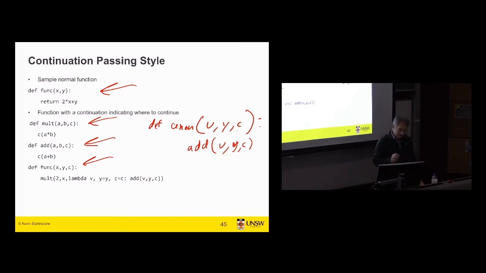So walking through this in continuation passing style, if we have an x and a y, and where we would like to go to after this whole thing is completed, what we end up doing here is we call multiply with the 2 and x, passing in this function of where to go to next. Okay.